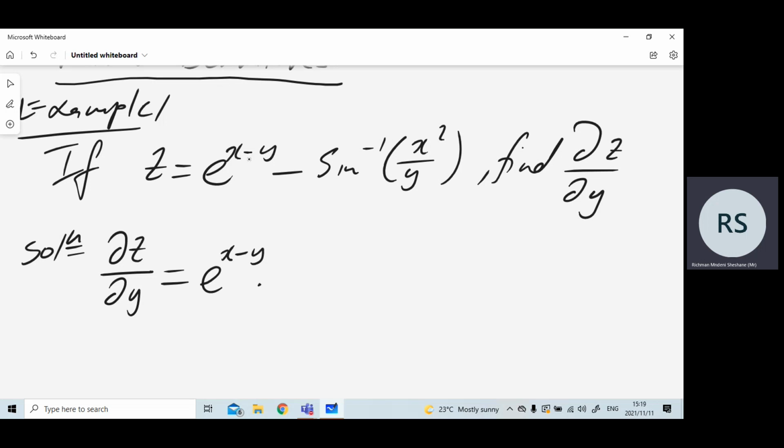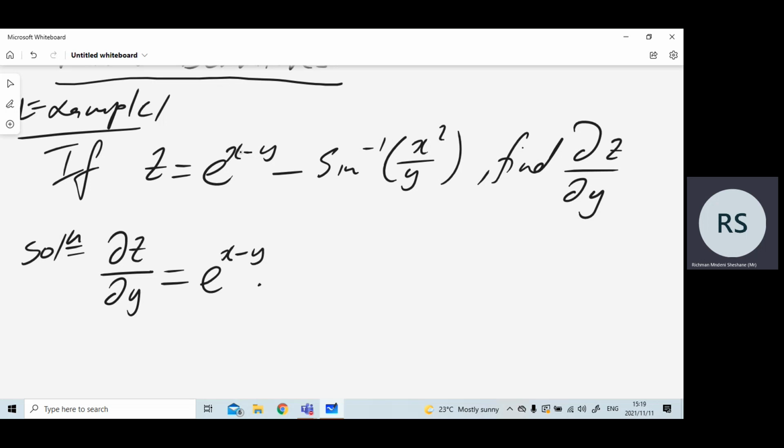When you derive this inner function, remember you derive it with respect to y. So you treat x as a constant and y as a variable. So the derivative of this inner function would be 0 minus 1. Because x in this case is a constant, so the derivative of x is 0.